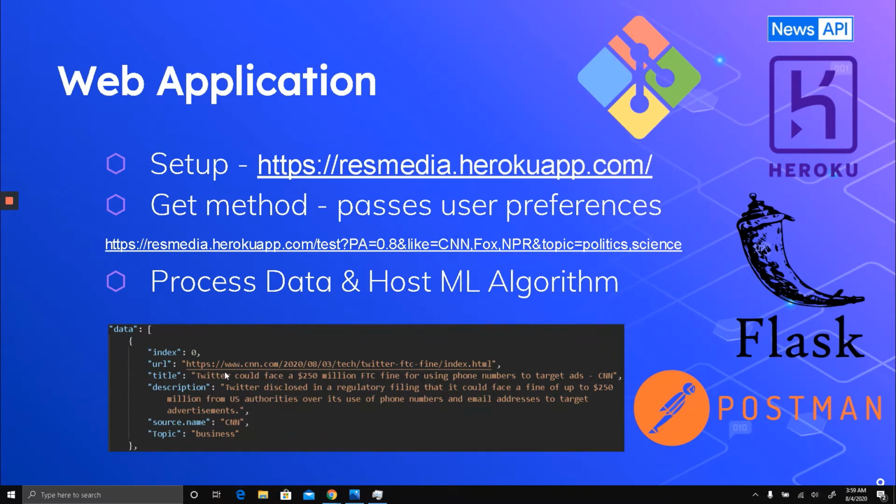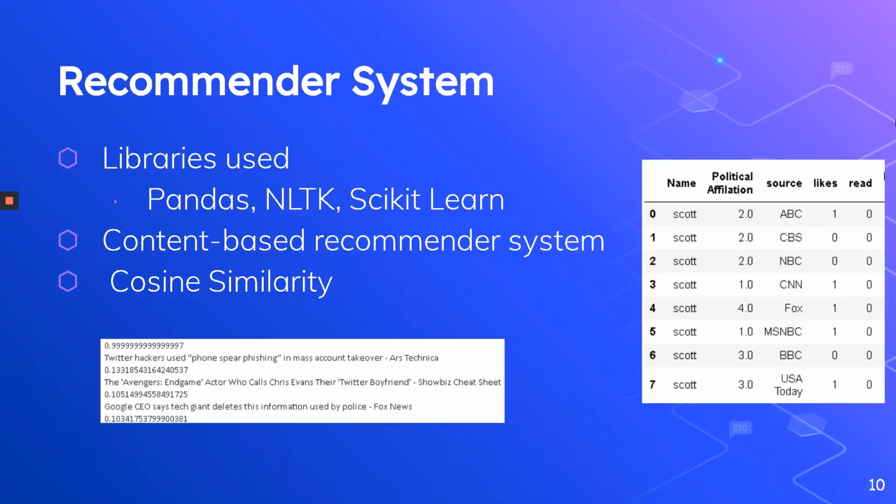In that is the URL, which is used by our mobile application to send the user to that news source, the description so that they can see what they might prefer reading, and then the source name and topics so we can collect more information on users. Postman is a good tool to test our APIs and see what our output is from them. Lastly, we're going to talk about our recommender system.